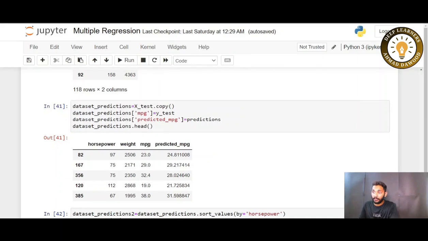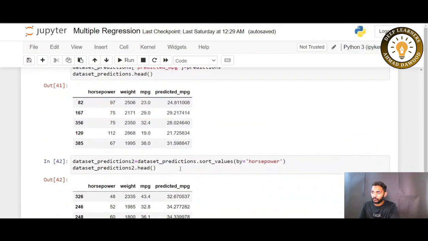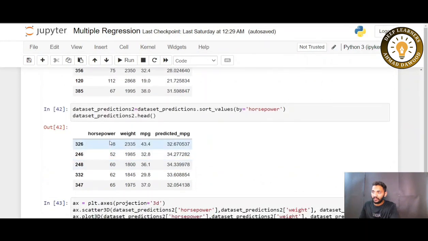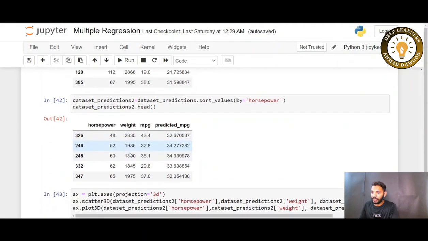I have added the miles per gallon true values and the predicted miles per gallon values in that dataset. Now I will sort this dataset with respect to horsepower. Now all the values are sorted so that horsepower is in increasing order, and all the data points accordingly.